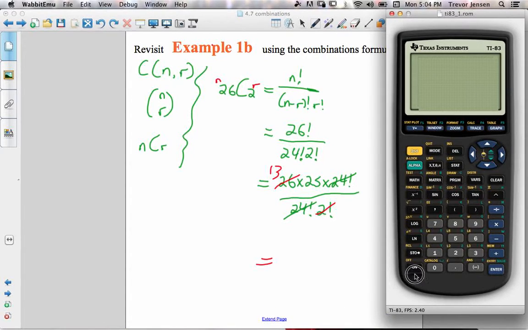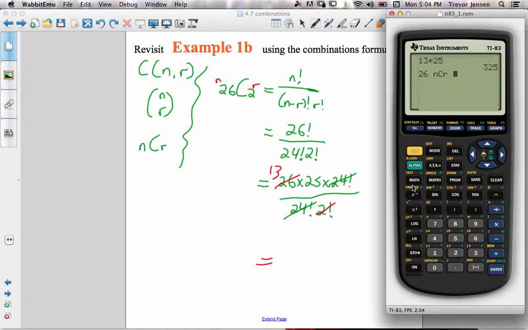And I'll also show you a shortcut on your calculator for doing this as well. So you can just do 13 times 25 and you can get your answer. Or you could type the 26 choose 2 on your calculator. So you have 26 objects. How many different groups of 2 can you make? Well, you type 26, go math over to probability. Number 3 is the combination.